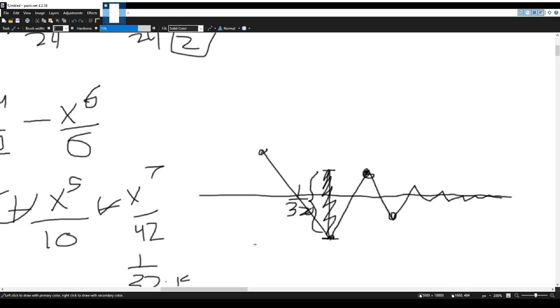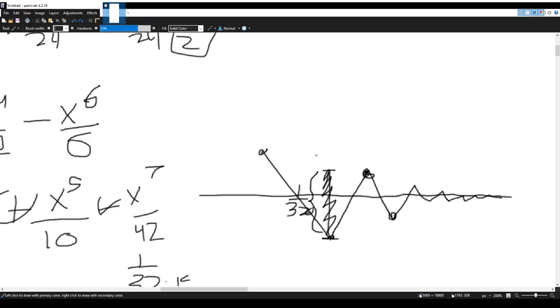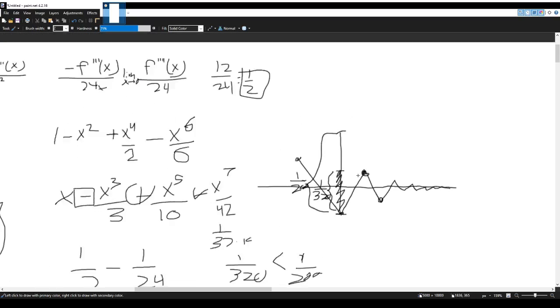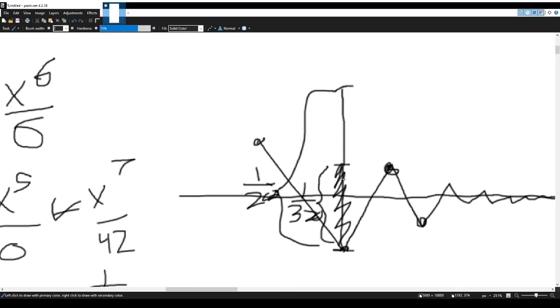And of course, 1 over 200 is smaller, which means the whole distance is bigger. So it would go up to about here, right? This whole thing would be 1 over 200. And so we know we are definitely within that 1 over 200 because we're within the 1 over 320 of the answer. So our error is less than that.